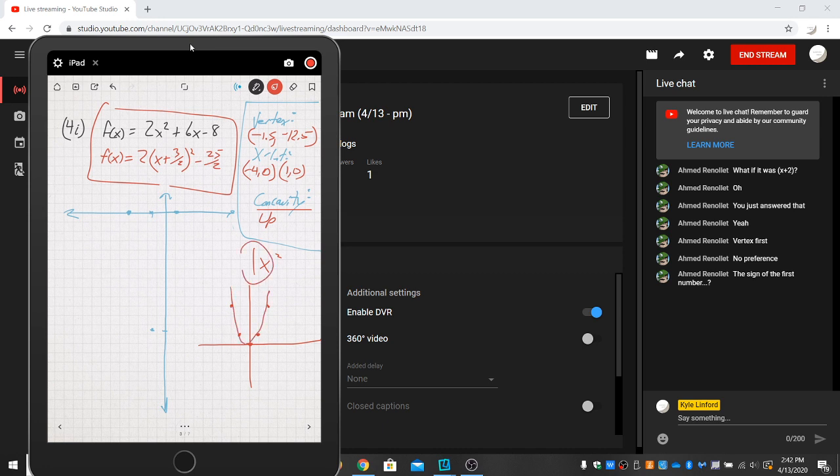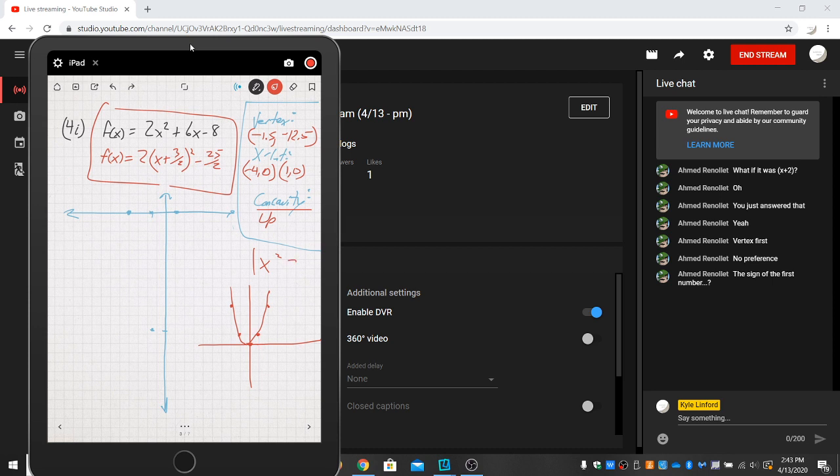So this number, the a, tells you the thickness or thinness of the graph, but it also tells you where to go for the next points. For example, when it was a 1 here, I would go over 1 unit and up 1 unit.